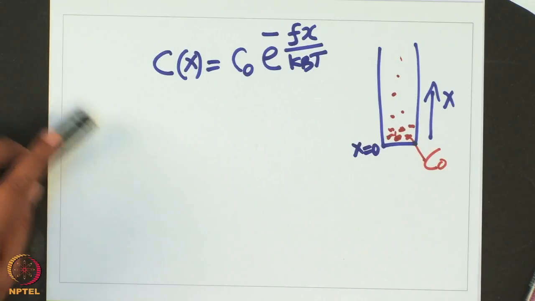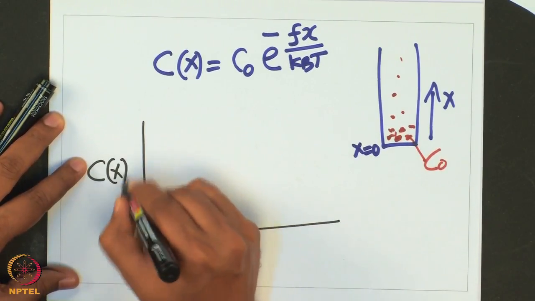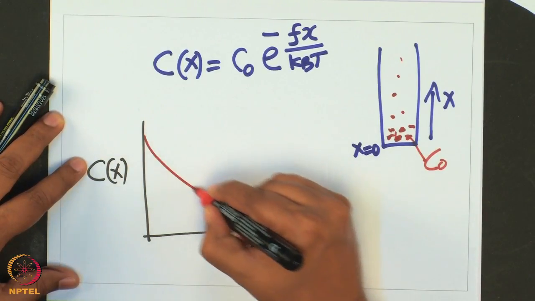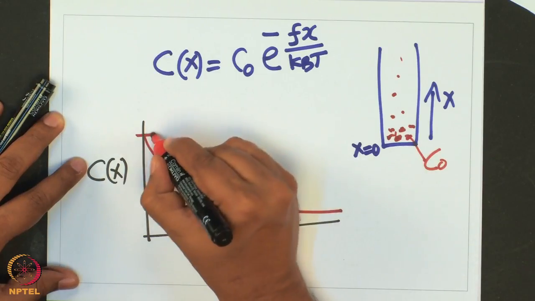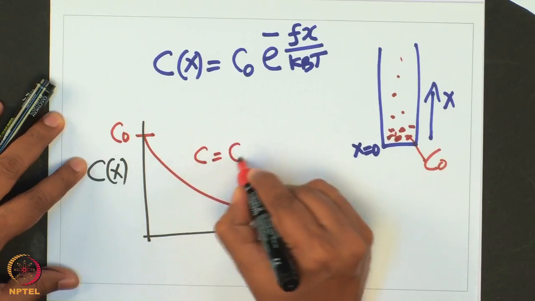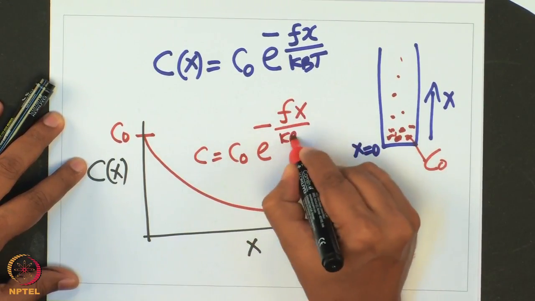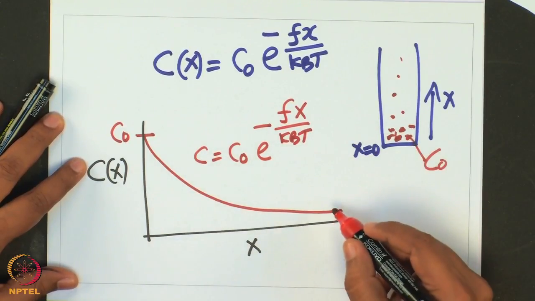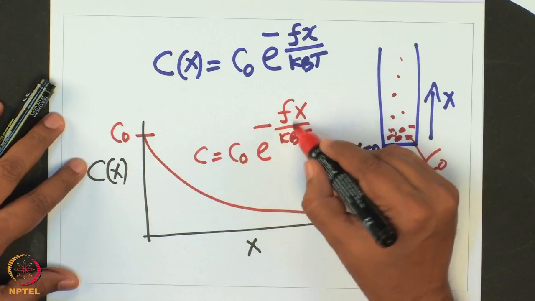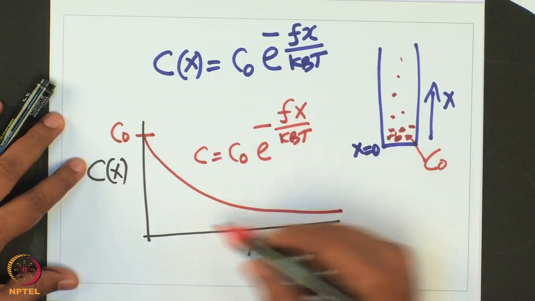So if I plot C of x versus x, it would be an exponentially decreasing concentration like this, where this is C0 and this relation is C is equal to C0 e power minus Fx divided by kBT, where F is the force and x is the distance, and this would be the profile of concentration.